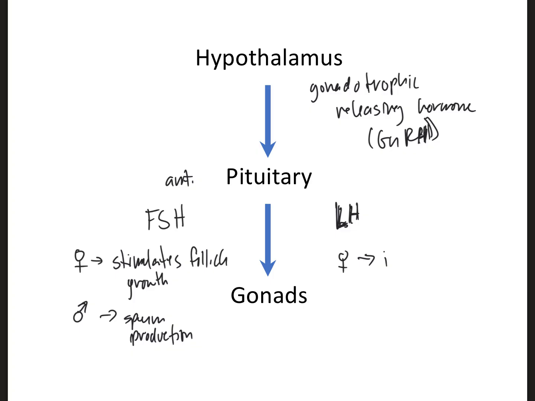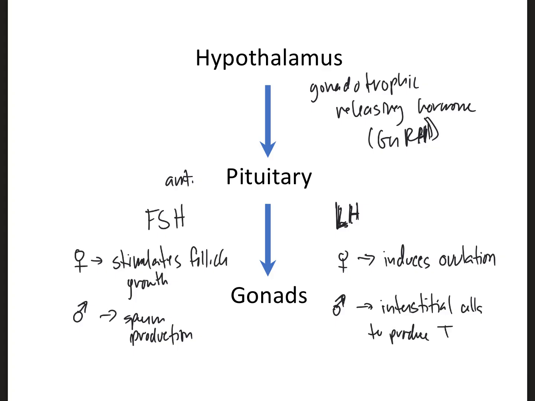So LH in females actually induces ovulation. And in males, there's no analogous ovulation that happens, but instead, it targets interstitial cells. These are cells between the seminiferous tubules to produce testosterone. Okay?